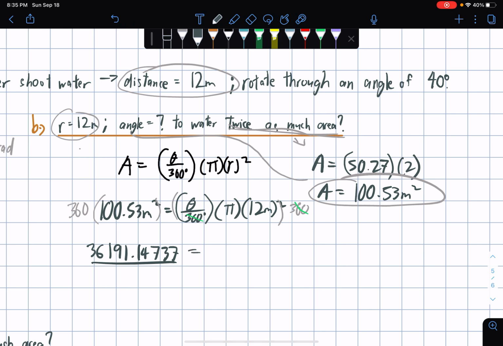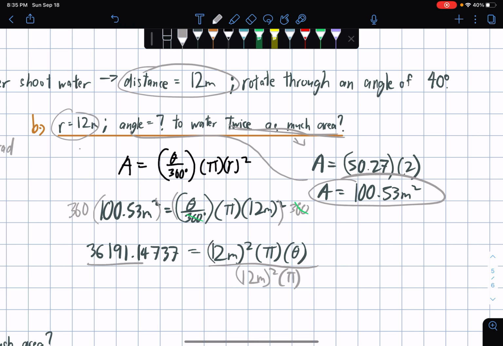And at the other side, we have 12 m raised to 2 times pi times theta. We divide both sides with what we have here at the right side. Divide both sides just like this.